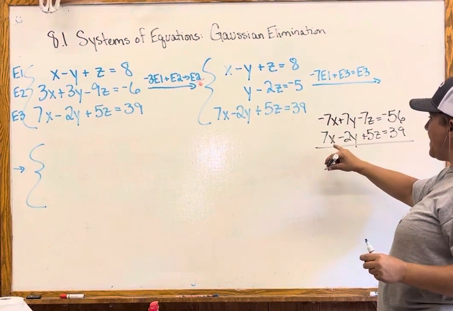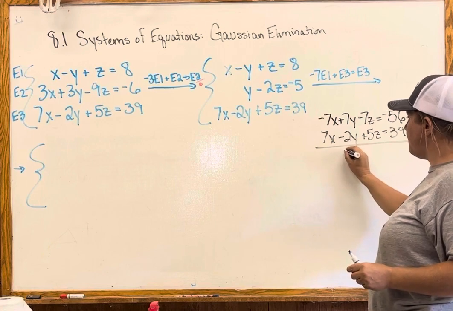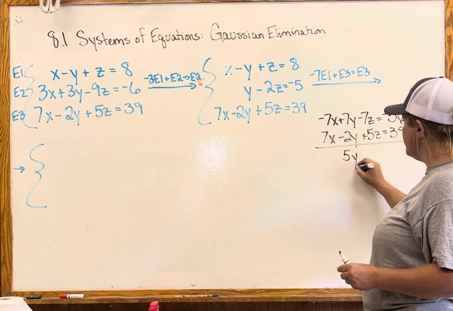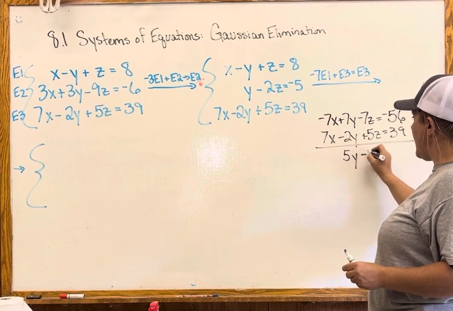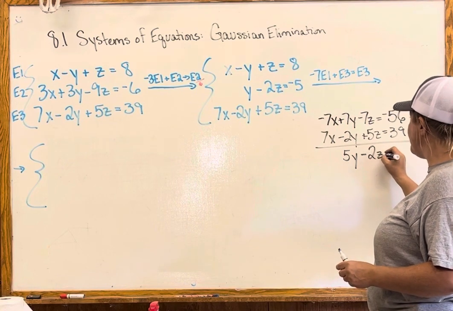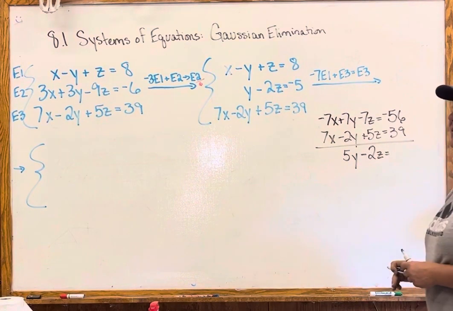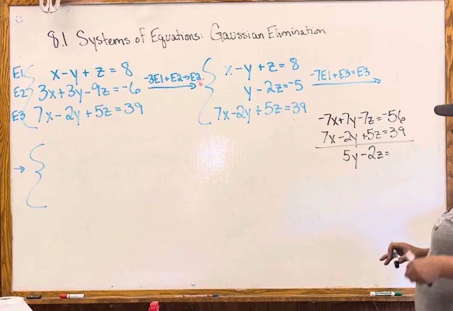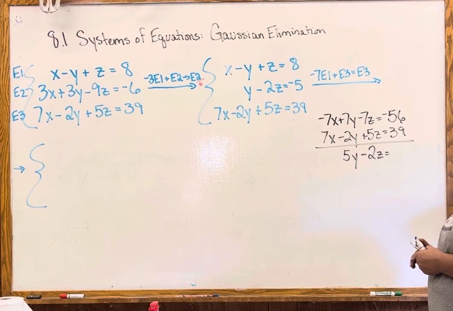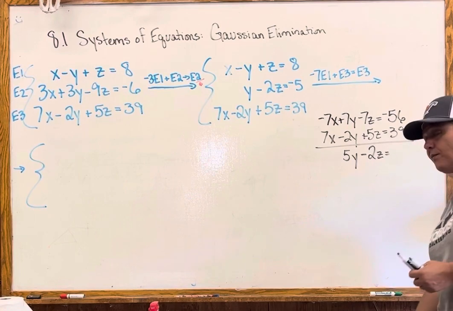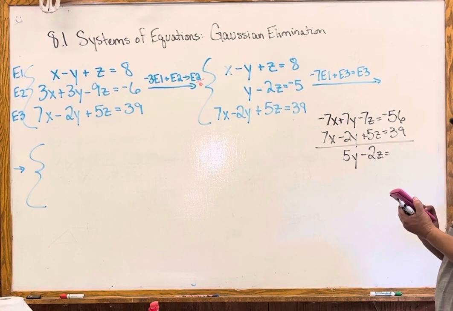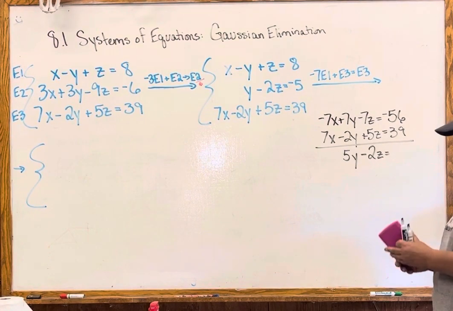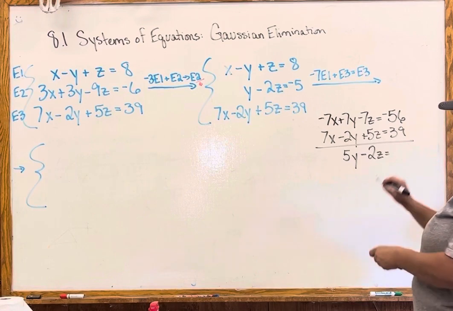So x's go away. Here we have 5y. There we're going to have minus 2z. And 56 minus 39, or the other way around. Let's see, 39, 49, 17, right? And if you're not sure, I'm just going to make sure, we can do that on our calculator. Yeah, 17, and it's going to be a negative 17.